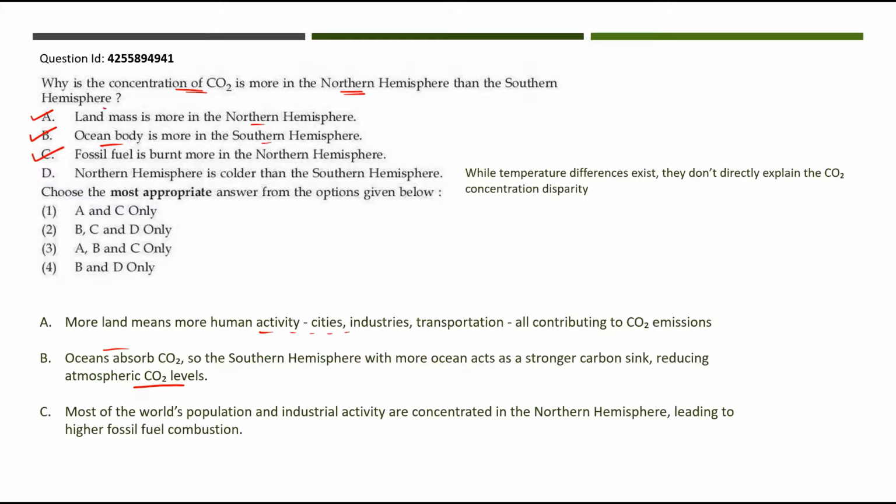When they say about land, they say more activities contribute to CO2 emissions. When they said about fossil fuel, they say how it contributed to CO2. But temperature is not directly a cause of CO2 concentration. So D is not a proper reason. In that case, we will go with option number 3, A, B and C only, as the right answer.